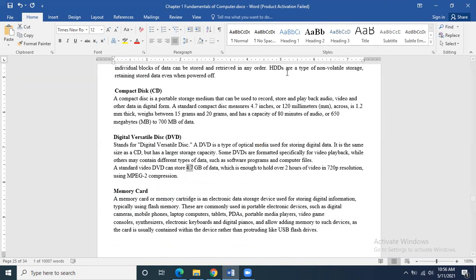So it's a huge capacity that you can store in your DVD. DVD is also basically an optical storage medium. Optical storage means the data is written using light, which is basically the laser light that you are going to use.